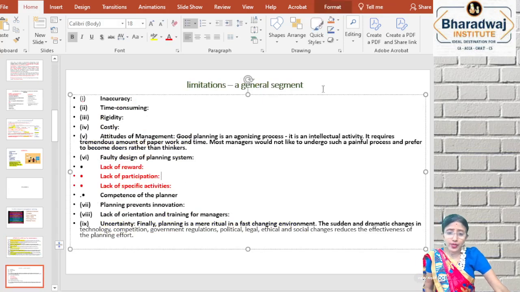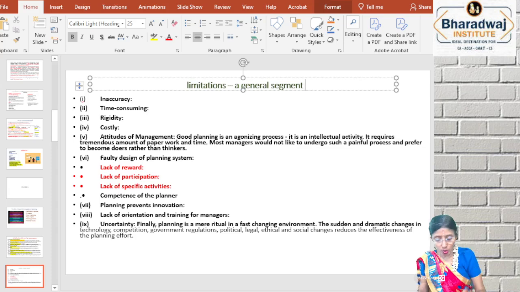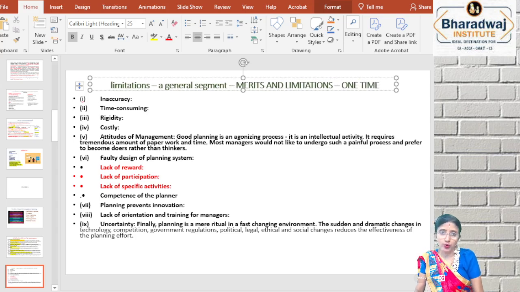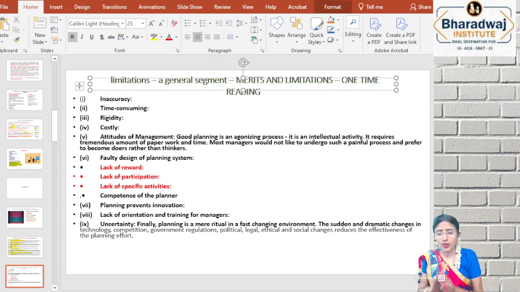Next one. Now regarding limitations, hold this for any chapter. Merits and limitations: just give one time reading. It's a revision tip for you. I remember a student telling me, ma'am, I had to learn by heart the limitations of planning and the measures. That you will know. You give one reading, because other portions you said, no, names of the experts we can't recollect.